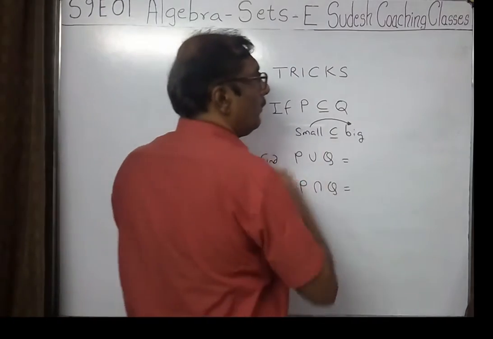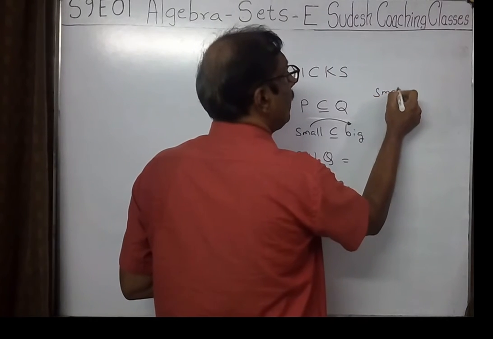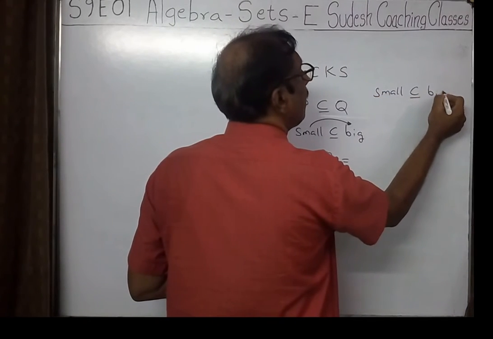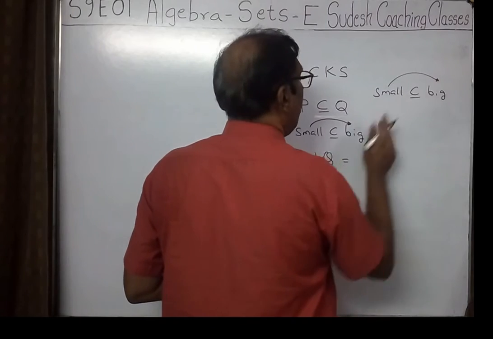Now, I will give you one more formula. I am going to write the formula somewhere over here. What is the formula of subset? Small is a subset of big provided all the elements of small are in big.